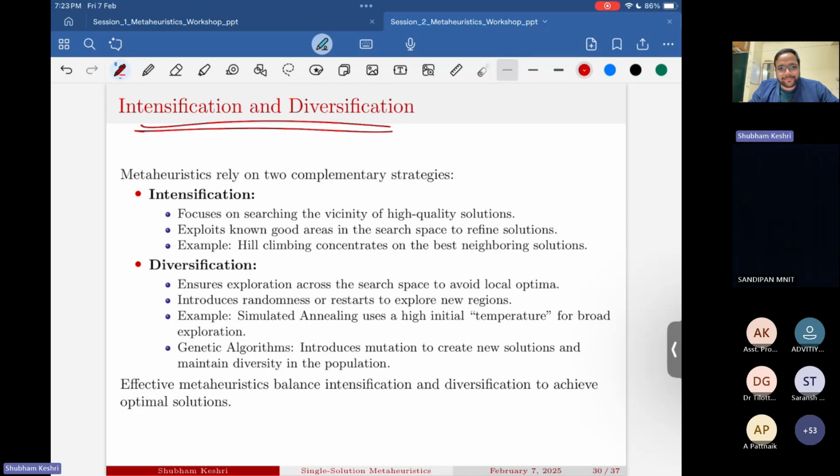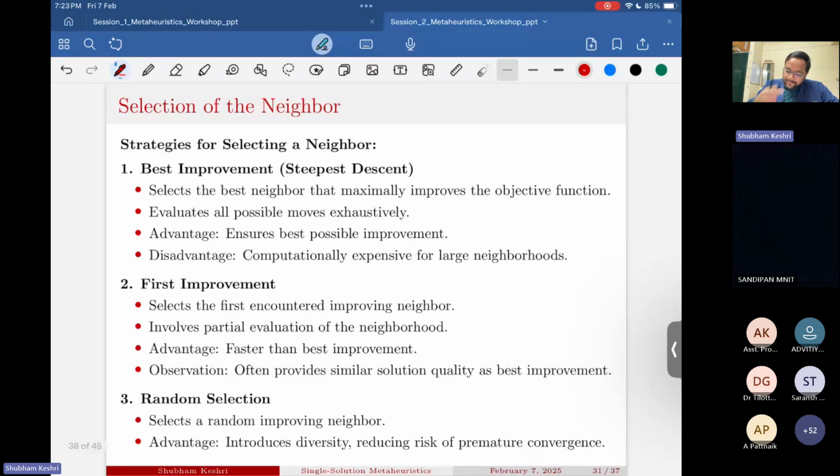Yes, Sharans. In the local search algorithm that you mentioned, when we will be checking for another neighborhood, we need to find all possible neighborhoods, or even if we get one better neighborhood, we will switch to that. Okay, good question. I have mentioned that in this slide, strategies for selecting a neighbor. There are many different strategies.